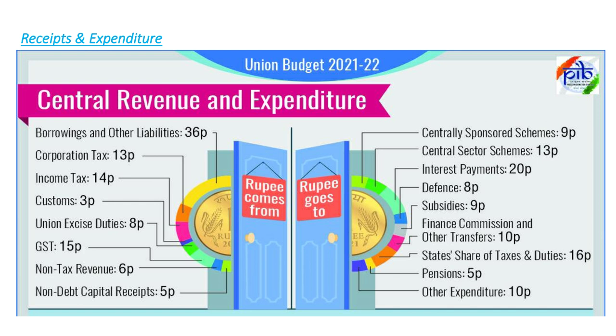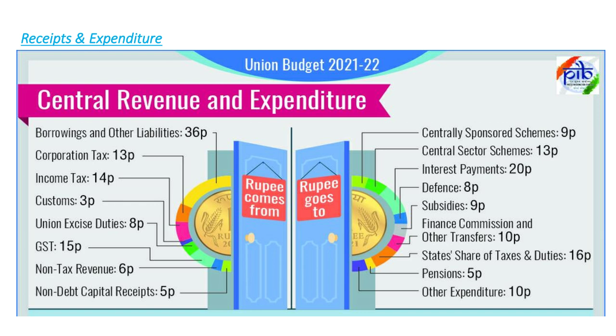Next, the central revenue and expenditure: where the government will spend money, and from where the government earns money. In a broad manner, one rupee is segregated sector-wise. The government rupee comes 36 paise, approximately 36%, from borrowings and other liabilities, the major part of receipts. In second place, the government will earn from GST collections, that is 15%.